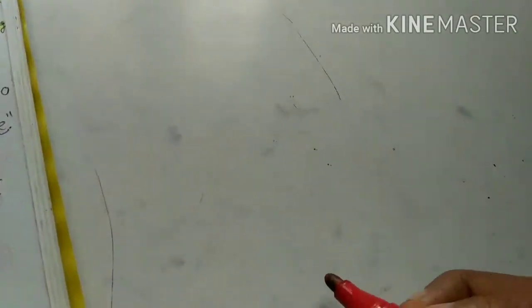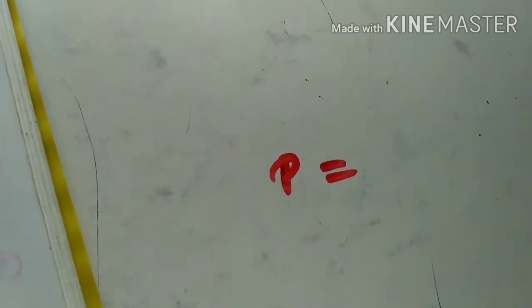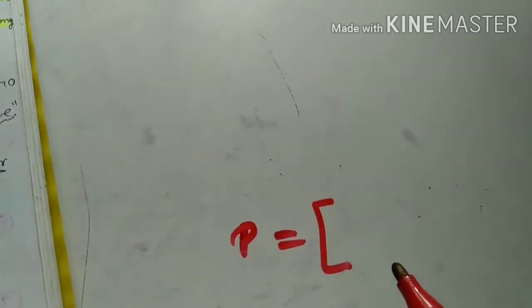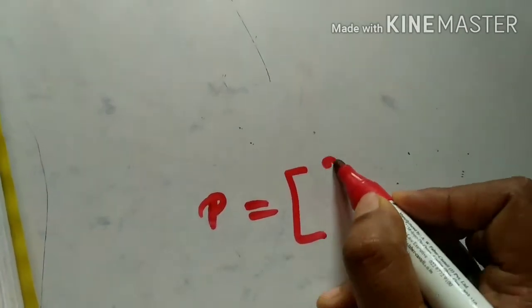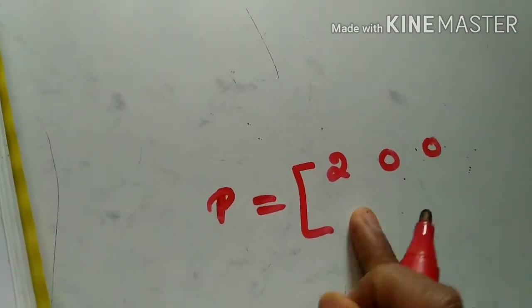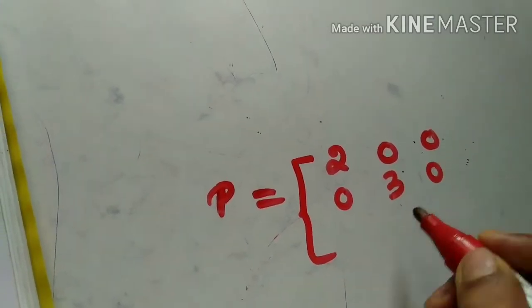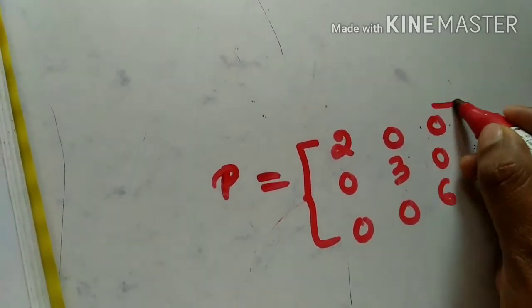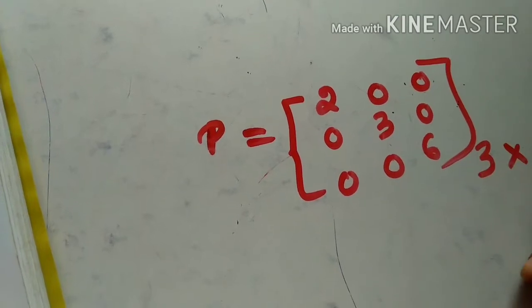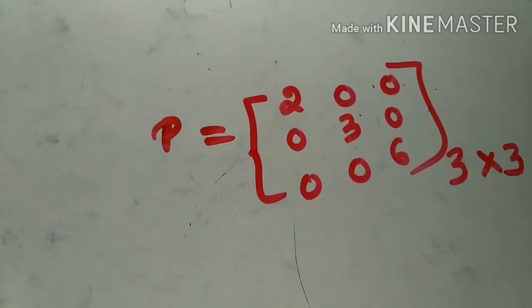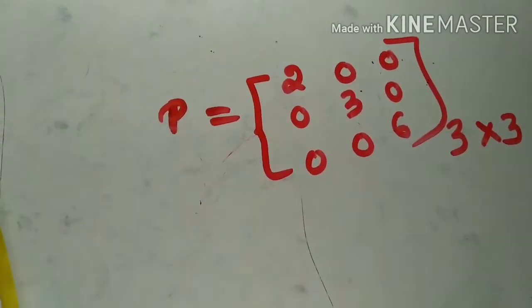So I'm going to take P here. This is my matrix P. Is this visible? Okay, so I'm going to write a 3 cross 3 matrix: 2 0 0, 0 3 0, 0 0 6. So what are the eigenvalues of this P?